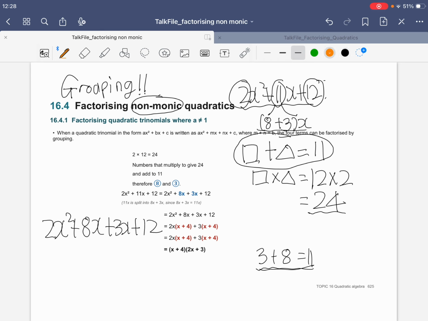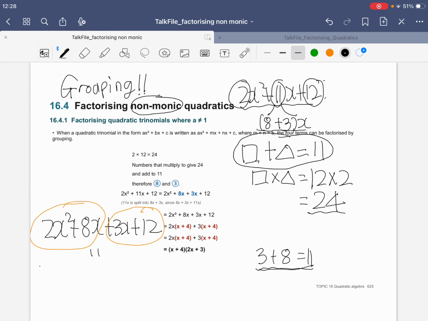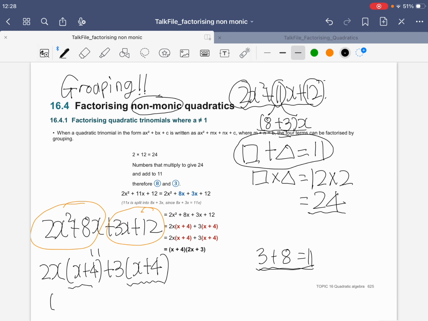We make two different groups with those 4 terms. We take out the common factors: 2x, and you get x plus 4, and then 3 here, and you get x plus 4 as well. If you see the same bracket on each side, then it's a good sign. You are gonna get there. Just by combining these, 2x plus 3 and x plus 4, that's how you factorize non-monic quadratics.